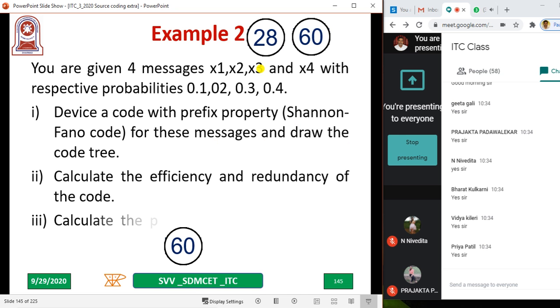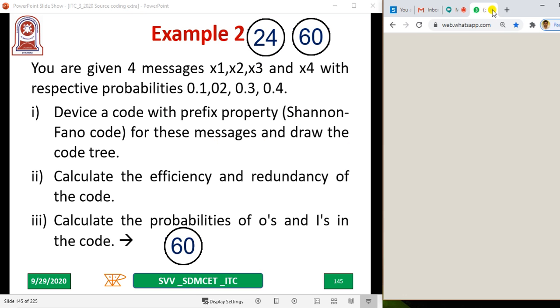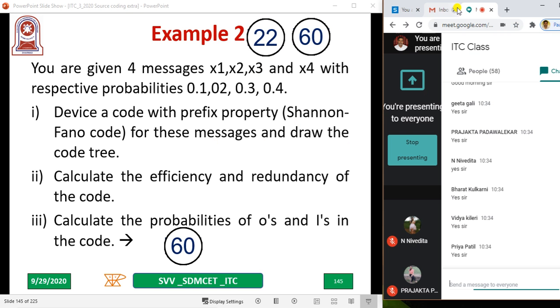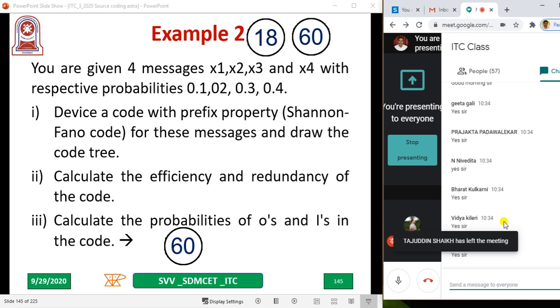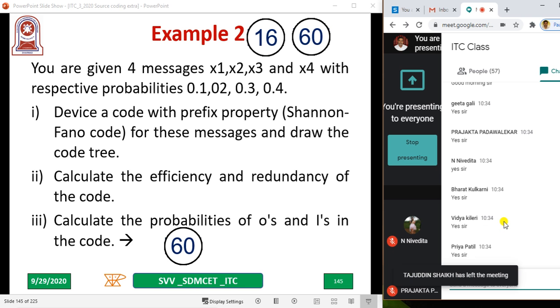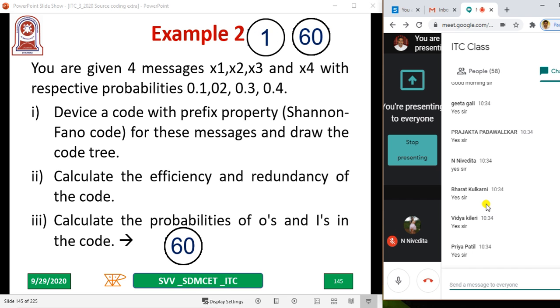And calculate the probabilities of zeros and ones in the code.